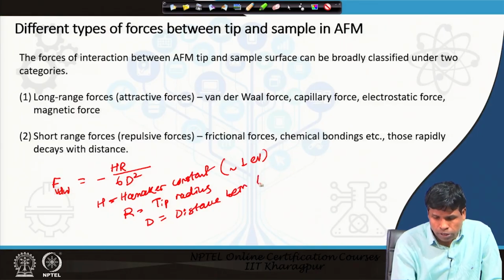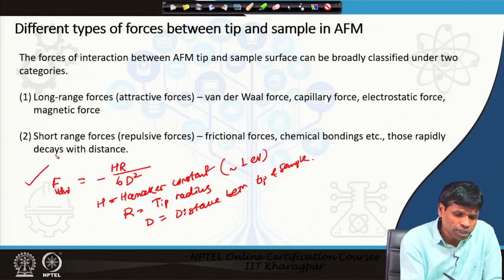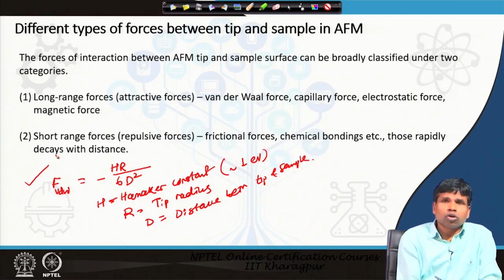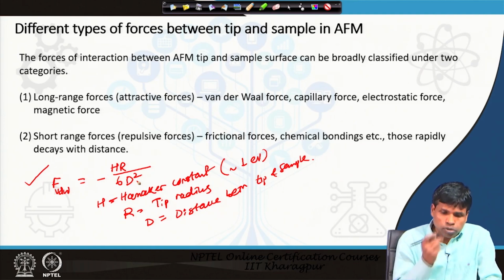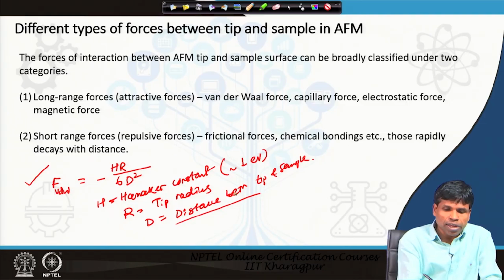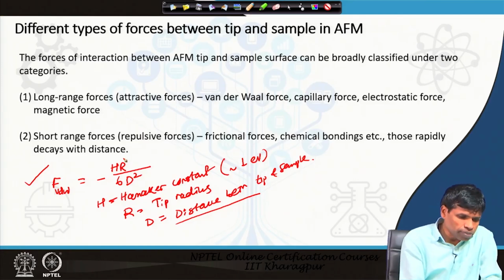This is how the van der Waals force changes as per the tip and also the distance between sample and tip. Particularly, with increasing distance this force will decrease, and with a larger tip radius the force can increase. This is what we have discussed before.